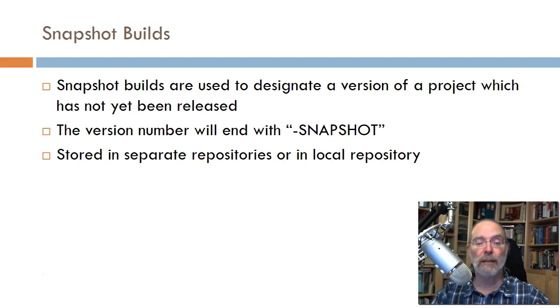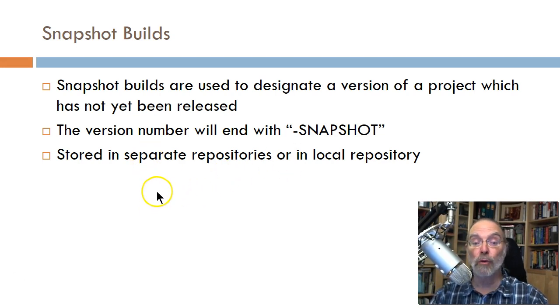It's assumed that something that is a snapshot is not suitable for inclusion in other projects. It's only when it goes from snapshot, actually, as soon as there is no -snapshot, now the project in a repository is suitable for use in other projects.